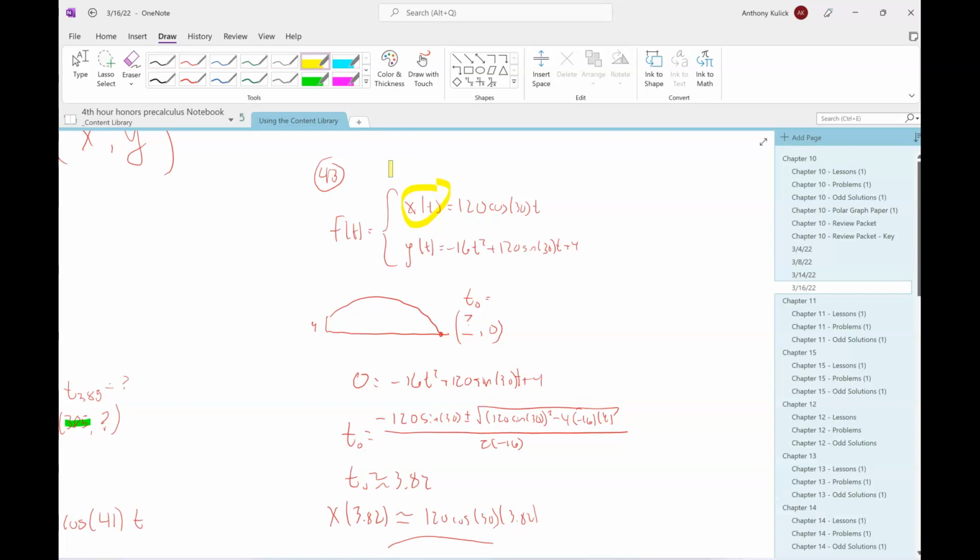So 3.82 is just plug in or substitute for t. That's what I've done there to the right: 120 cosine 30 times 3.82. The negative 16 itself is just a constant.